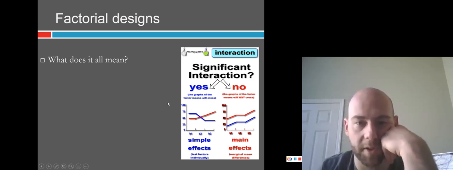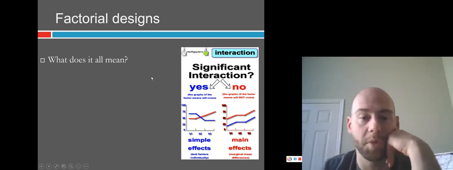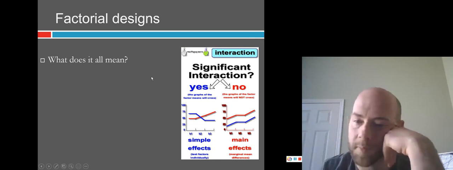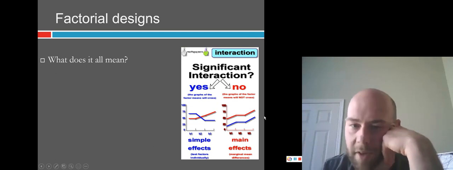Where are the effects that really matter? When you get a significant interaction, you then have to figure out where the actual meaningful differences are, right? If you found there was no significant interaction, like I mentioned earlier, if you had parallel lines, this would give you an indication that you need to pay attention to your main effects.